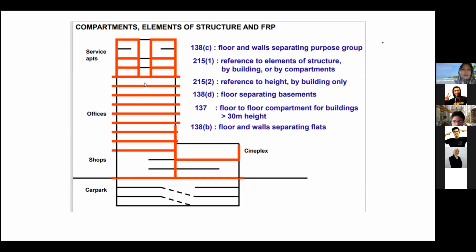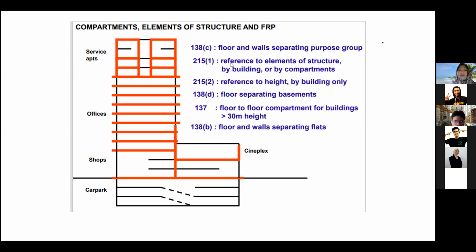They talk about the building, compartments, elements of structure and fire rated property. There are a lot of categories: car park, not elevated, basement, shops, offices, service apartments. You need to read the section on your right side so you can understand why sometimes the architect finds it very hard to design, because of the need to allow for the fire requirements on each floor.